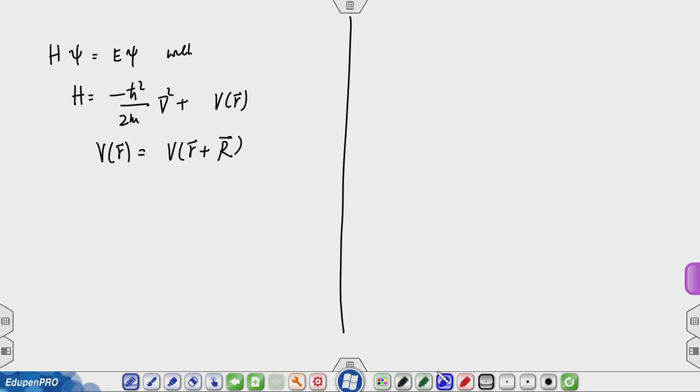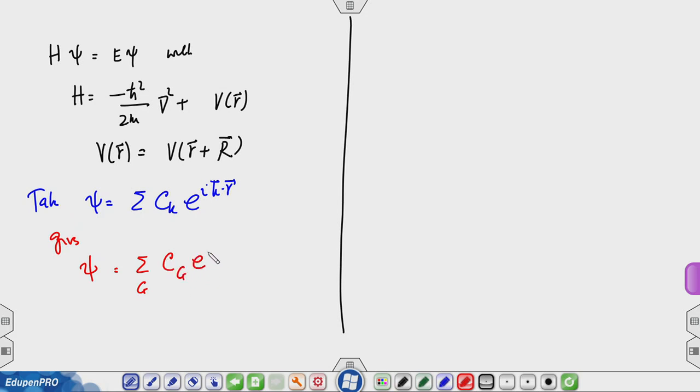Then take psi to be of the form C k e raised to i k dot r. This gives psi equals summation over G of C of k plus G e raised to i (k plus G) dot r.